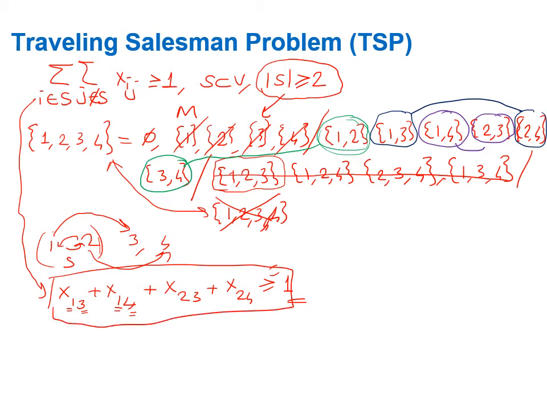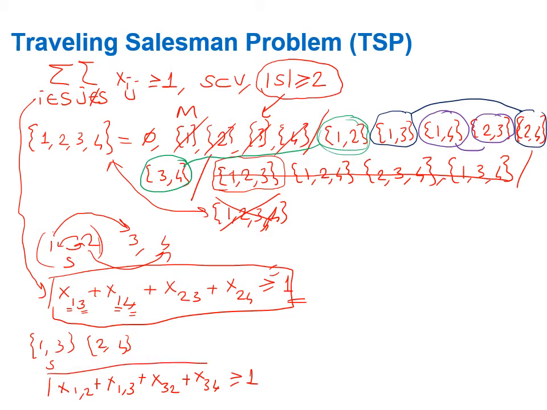Now let's consider the other one, which is 1 and 3. This is our set S, and the other cities are 2 and 4. So we need to say from 1 to 2, or 1 to 4, or 3 to 2, or 3 to 4, we need to have at least one exit. So this is the second subtour elimination constraint.